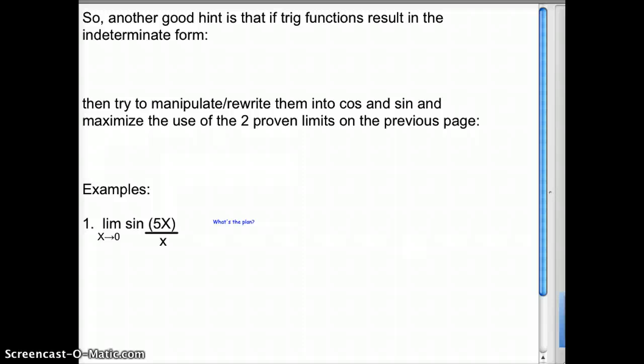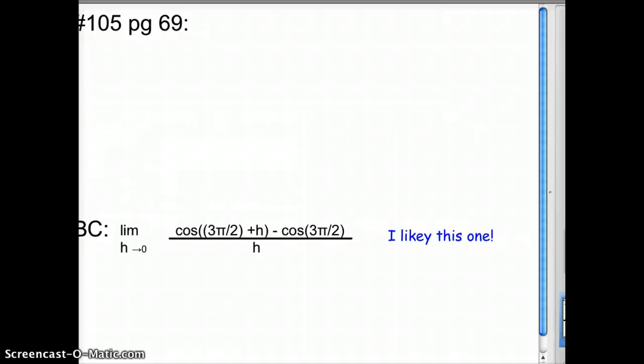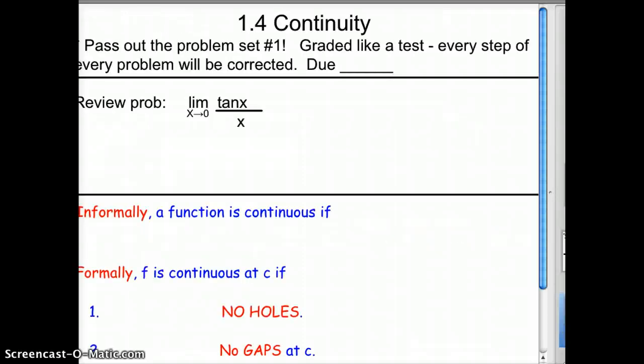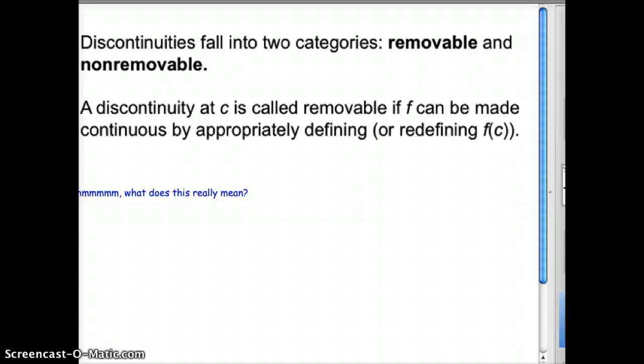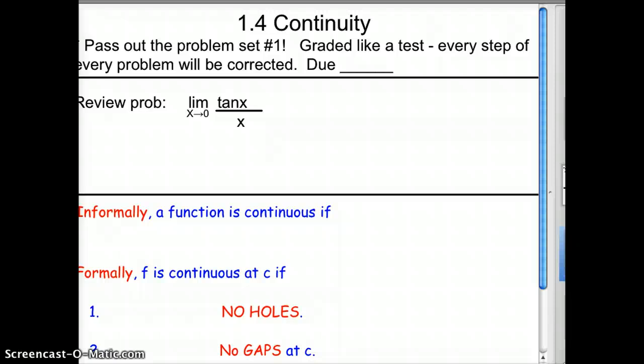All right, and next up, I think I did that same one on this page, so I'm going to keep moving on through here. Know your continuity. Know the 3 things you need to show for continuity. This is really important: if I ask you if something's continuous or not, and you say yes, you better show me all 3 of these reasons. You better show me it's defined at c.